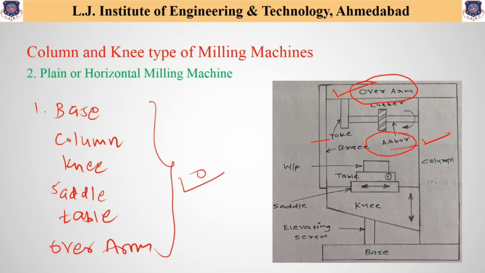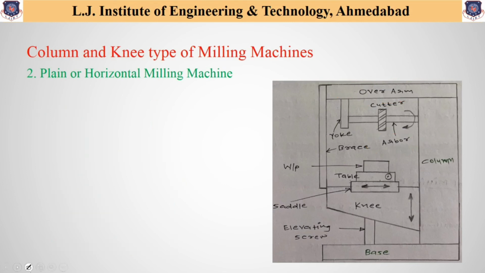Now the extra parts that are available in a horizontal milling machine are, first, the arbor, second, the yoke, and third, the brace. As we have discussed, the arbor provides support to the cutter, and this arbor is fixed at another end by using the yoke, which is connected to the overarm.